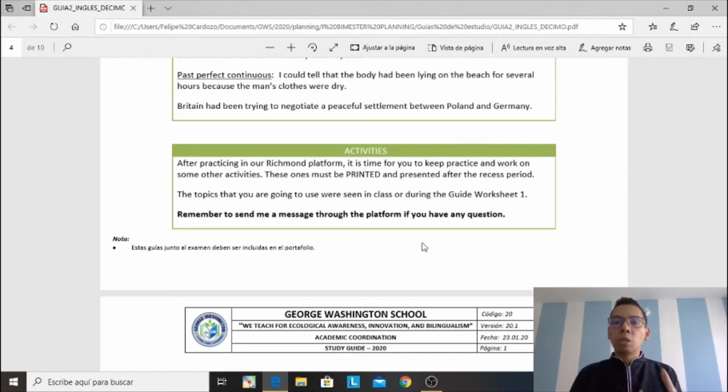Entonces, ya trabajamos en las actividades de Richmond. Remember that the Richmond platform is not only for you to develop the assignments that I let you work with, but you also have the opportunity to work independently, okay? Ustedes pueden trabajar no solamente las asignaciones y actividades que yo les dejo como docente, sino que ustedes pueden ingresar y libremente trabajar en otras actividades para seguir practicando.